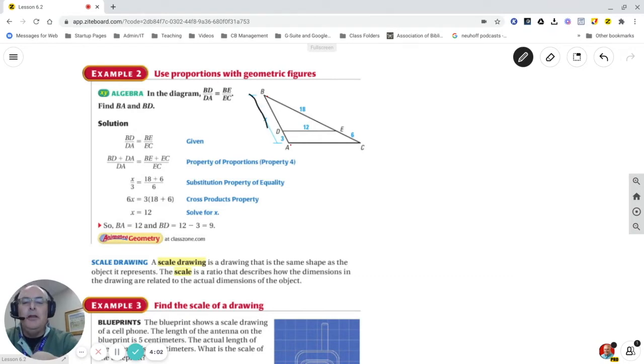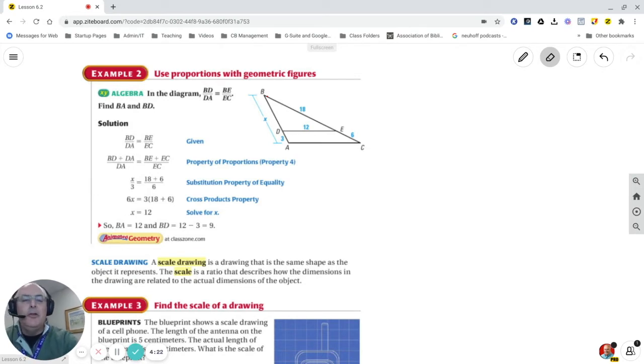I know BD divided by DA is going to be equal to BE divided by EC. Once I set up my proportion, I can substitute in, and then I can simply solve for x.